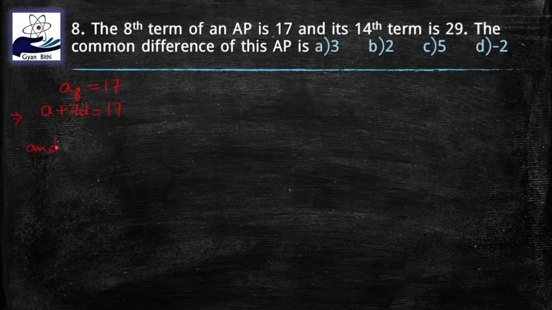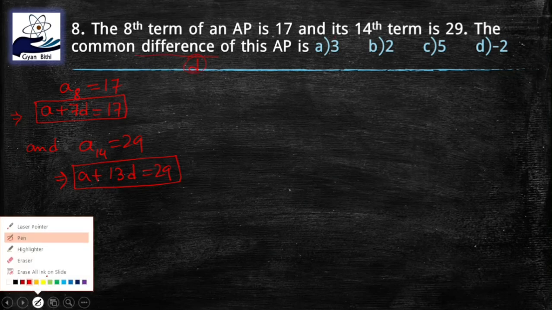The 14th term A14 is equal to 29, meaning A plus 13D is equal to 29. These two equations we will solve to get the values of A and D. What is needed? The common difference, D, you are going to find out.